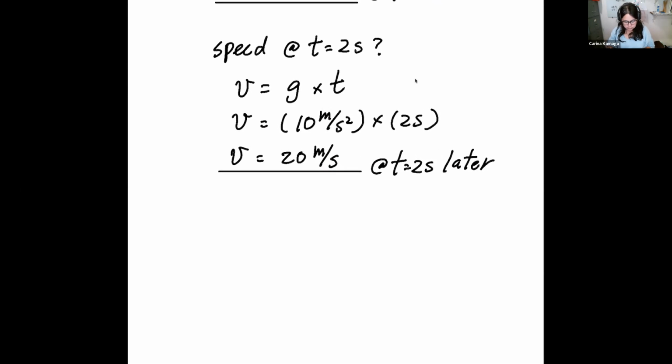So for constant acceleration, and again, this is only for the case of constant acceleration. If it's not constant acceleration, we have to use an integral.